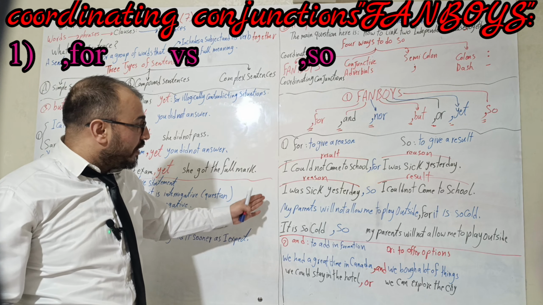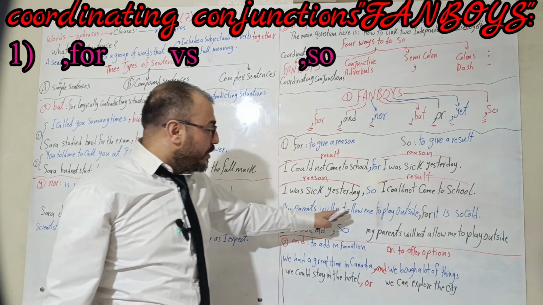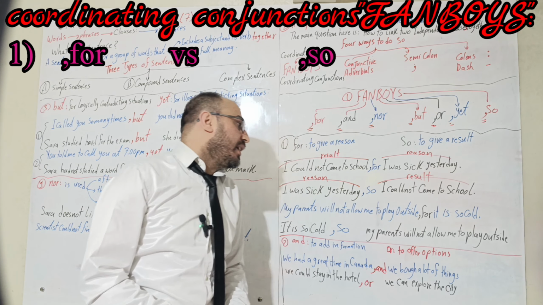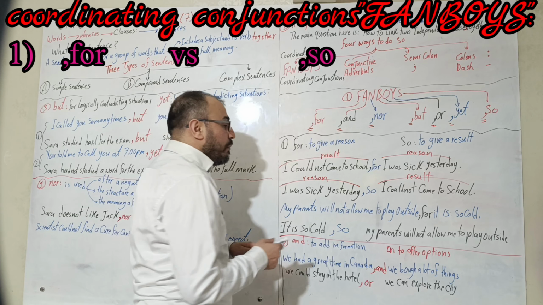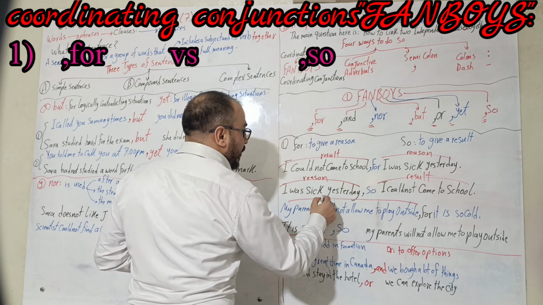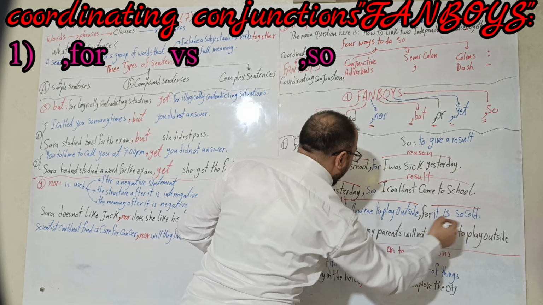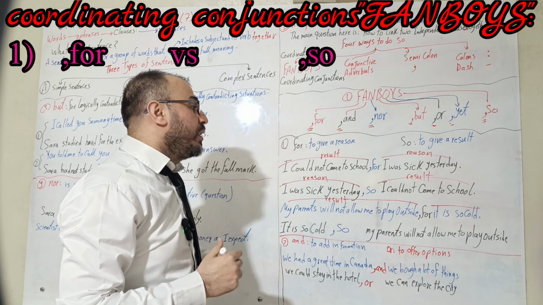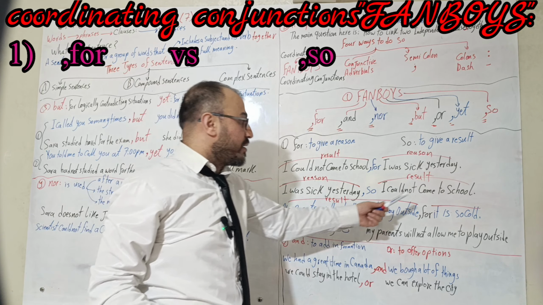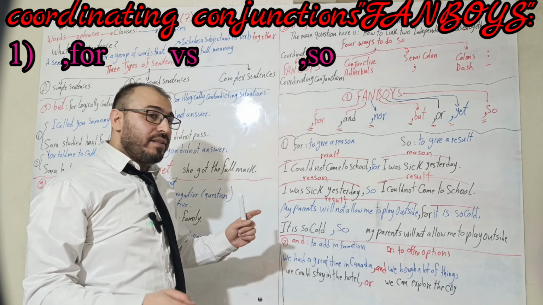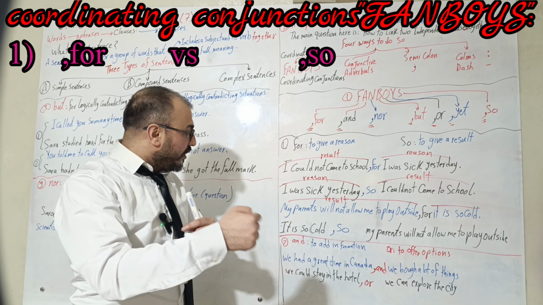And in here, my friends, another example. My parents will not allow me to play outside, for it was cold. Again, my friends, I have here the result, and here the reason. The reason why my parents will not allow me to play outside is that it is cold outside. And here, my friends, let's say I reverse them.